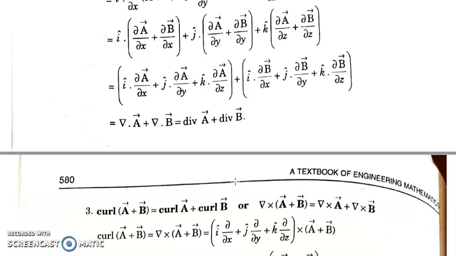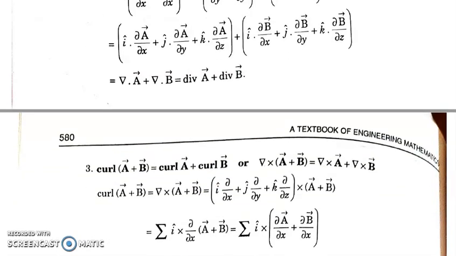Now the third property is that the curl of A plus B is equal to curl A plus curl B. Or if you take del cross (A plus B), that is equal to del cross A plus del cross B. So we'll start with del cross (A plus B).